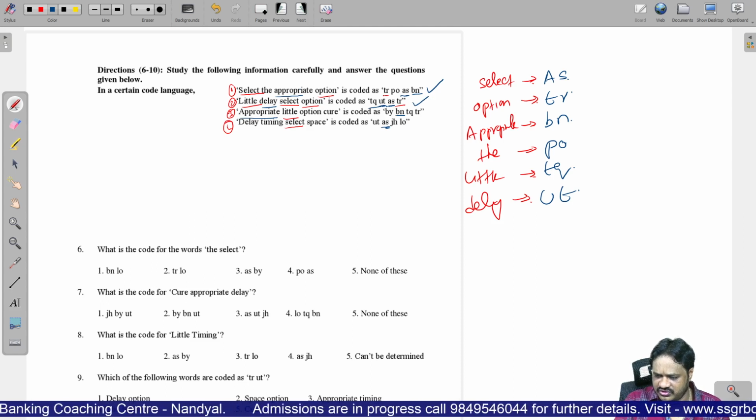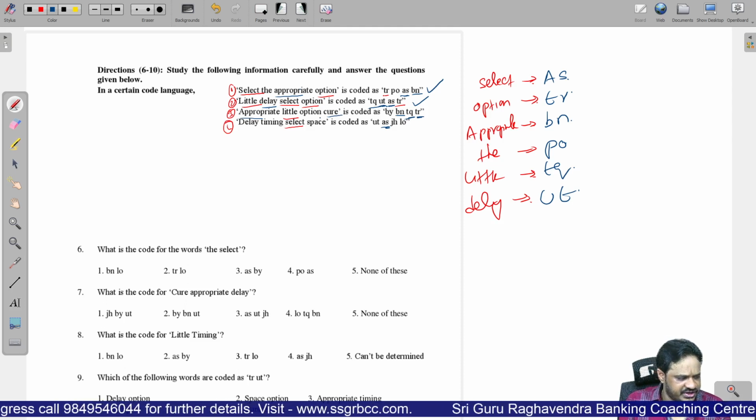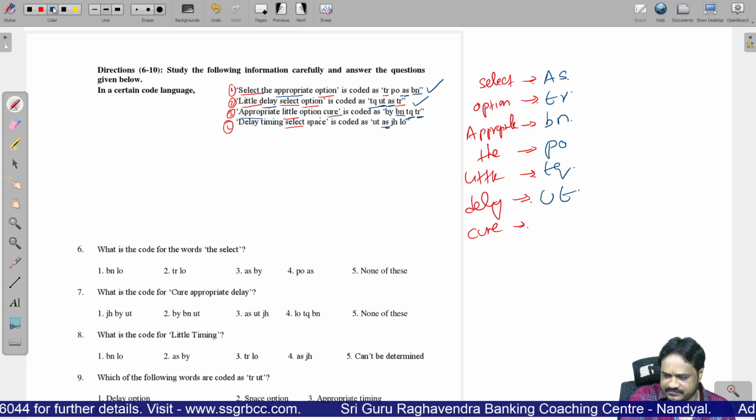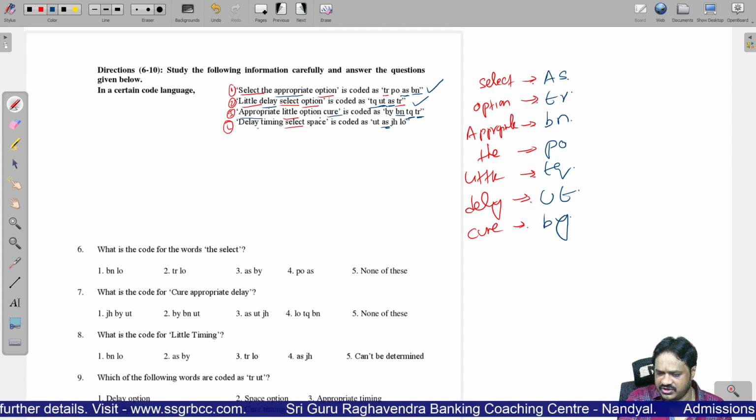Now move on to the third one. In the third one, appropriate means BN and little means TQ. So BN is over, TQ is over. Now option. Option means TR. That is also over. Cure means BY. The code for cure is BY. Come to the last one.